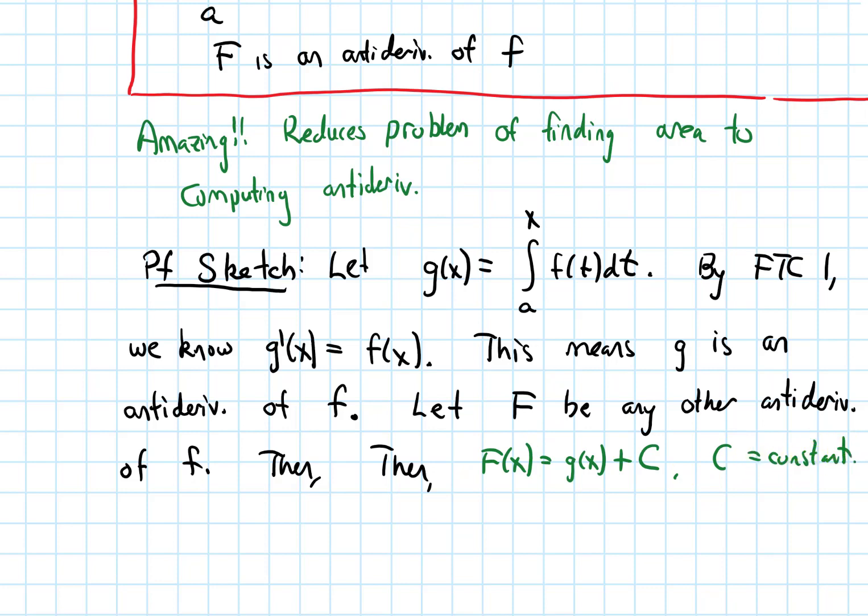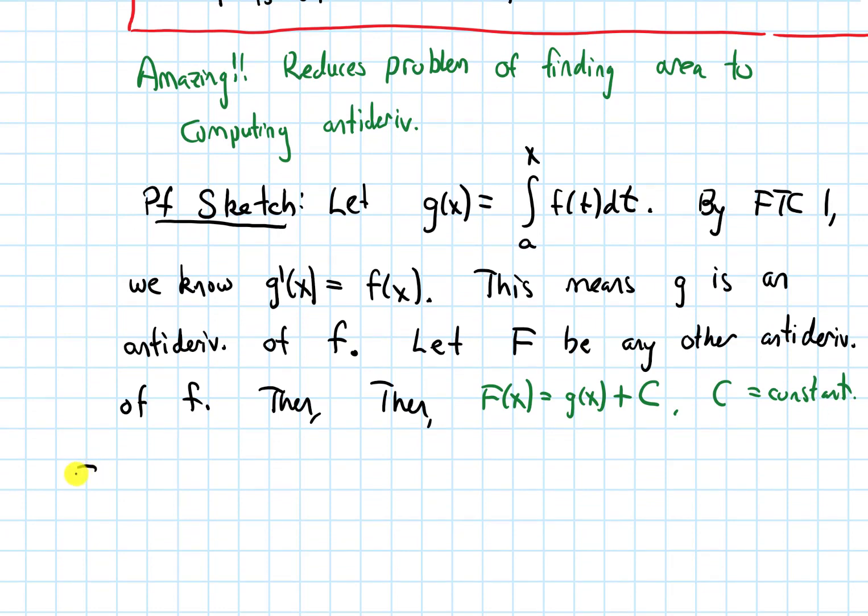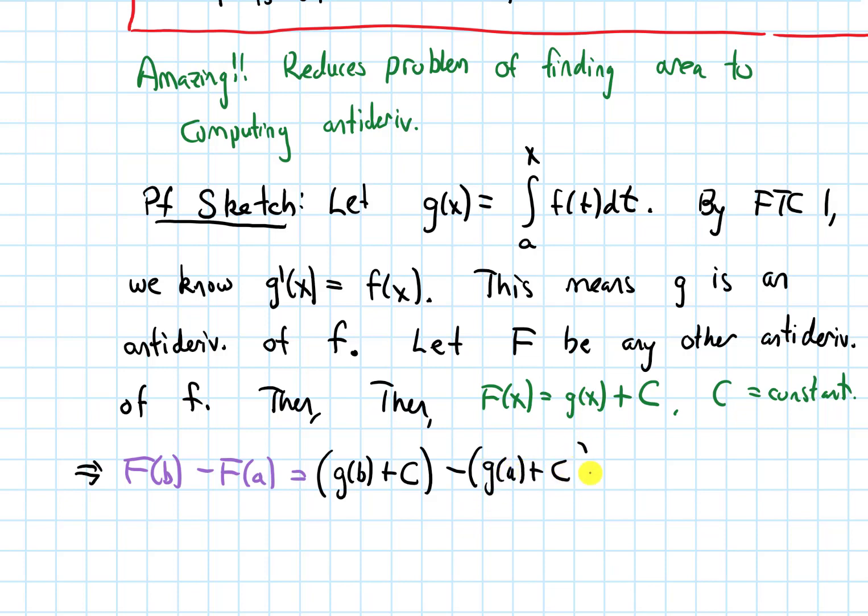Okay, so what I'm going to do now is evaluate capital F of b minus capital F of a and show that it ends up being this definite integral. Okay, so now let's take capital F of b minus capital F of a and show that it equals our definite integral. Well, using our definition, capital F of b is going to be g of b plus c, and then minus capital F of a is going to be g of a plus c.